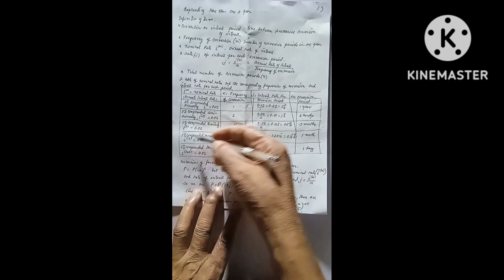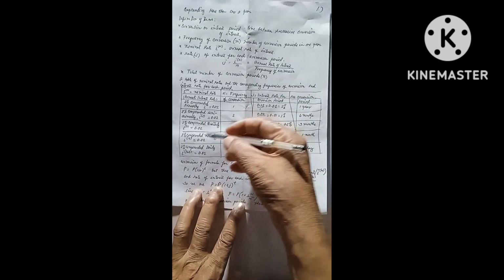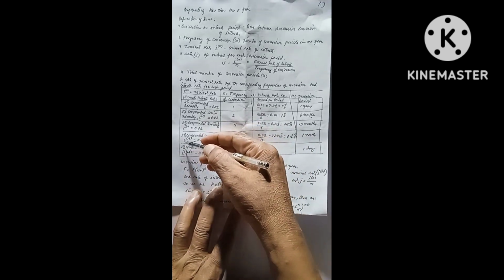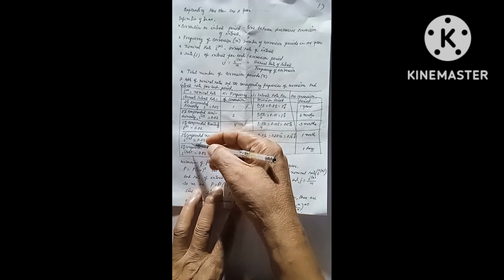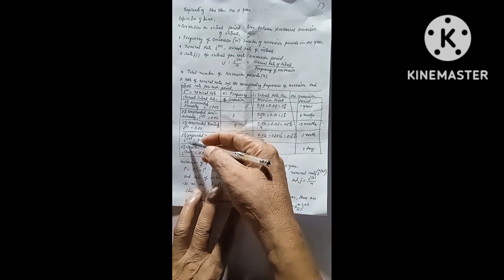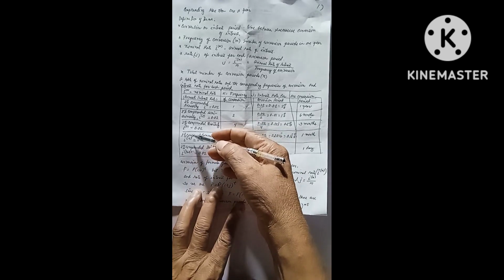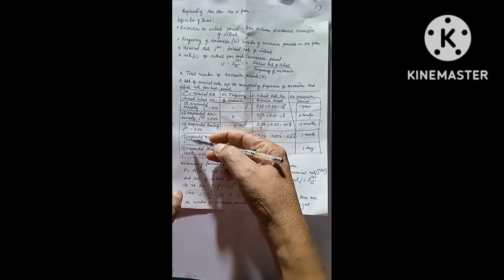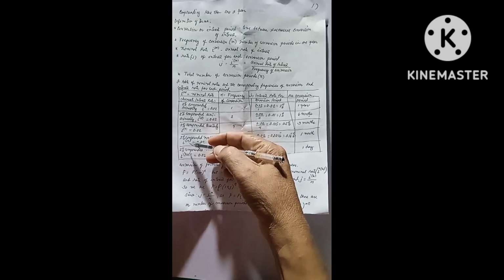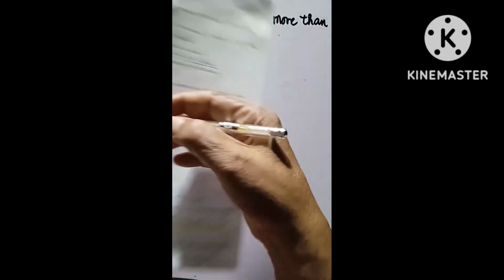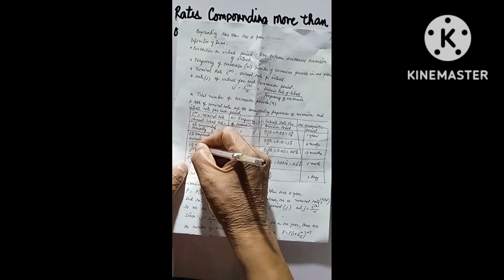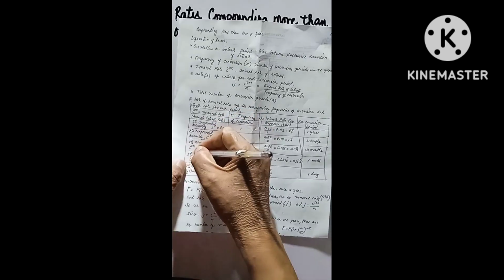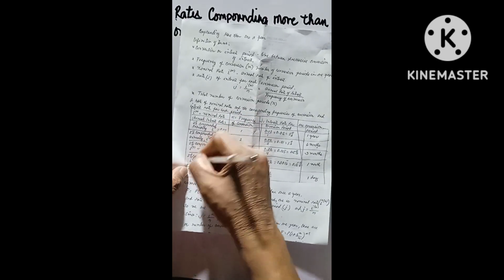Okay, the next is 2% compounded monthly. So I to the 12, because there are 12 months in a year. This is I to the 12, not 13.